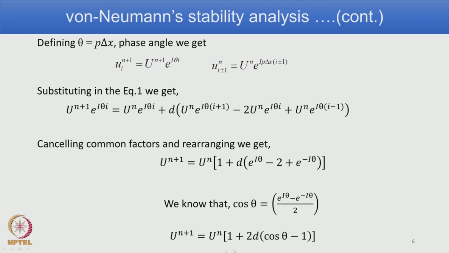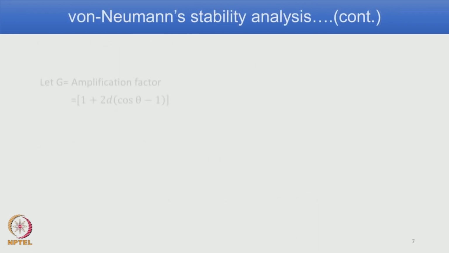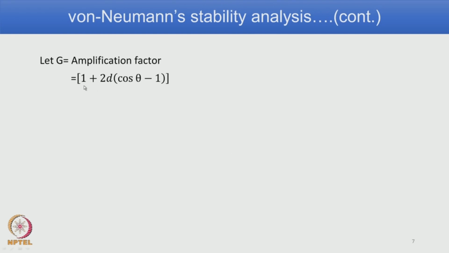What you observe is u at n plus 1 is related to u of n times some quantity, and this is actually the error quantity, which will be used for doing the von Neumann stability analysis. The bracket term, which is 1 plus 2 d times cos theta minus 1, is what is known as the amplification factor, and the usual symbol is g.